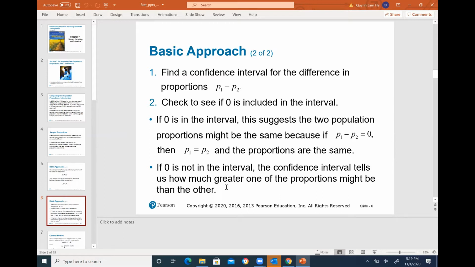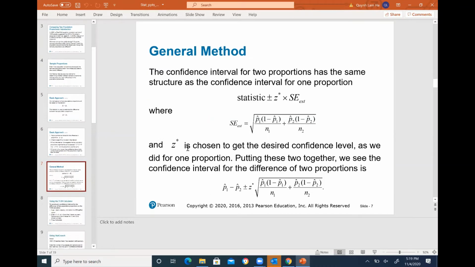the confidence interval tells us how much greater one of the proportions might be than the other. So here we have the following general method. After walking through that, you'll know how to identify p1 minus p2. Then we're going to find the standard error for those proportion differences.